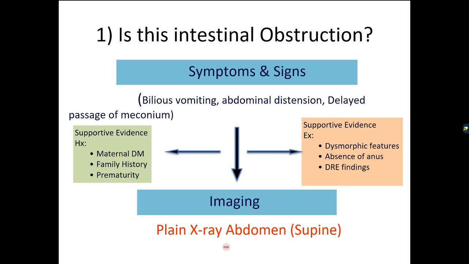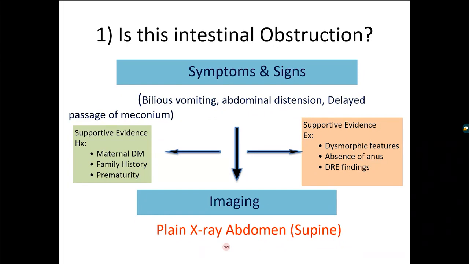A family history of intestinal obstruction in the newborn phase might indicate a rare case of familial jejuno-ileal atresias. With prematurity, you might be looking at something like necrotizing enterocolitis. Those are all clues for you to arrive at a possible etiology resulting in intestinal obstruction.